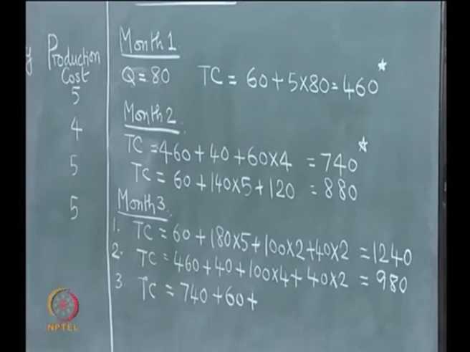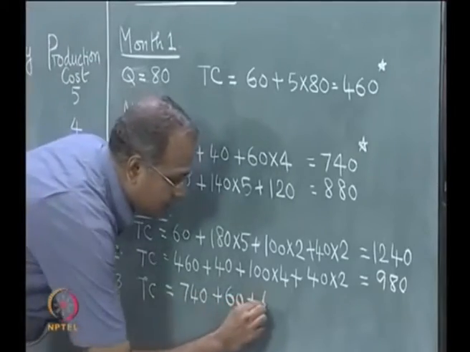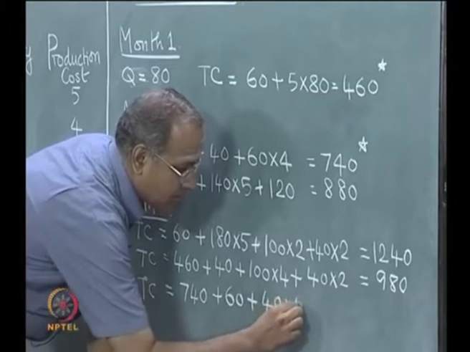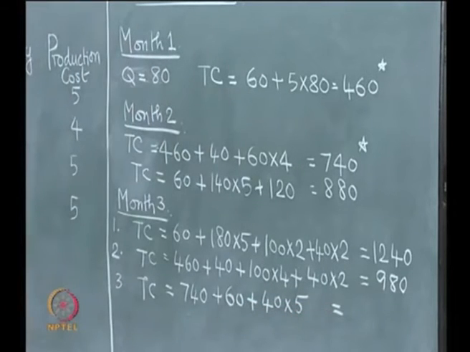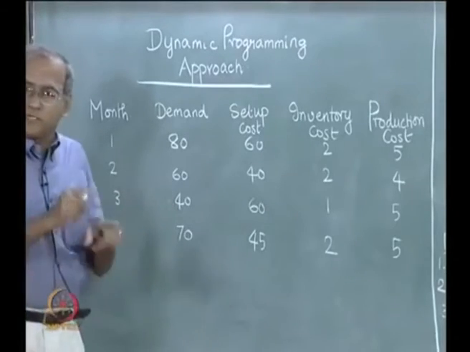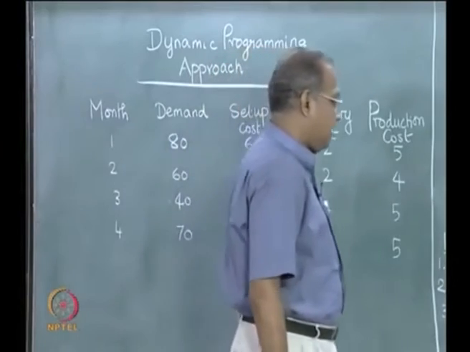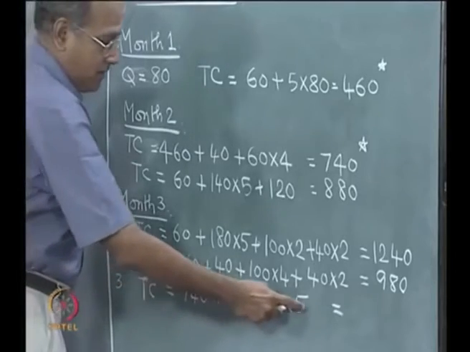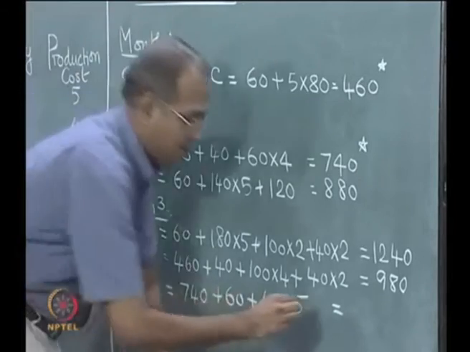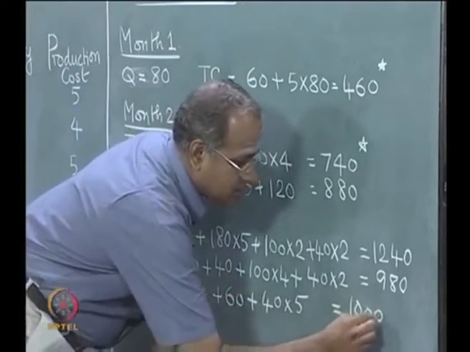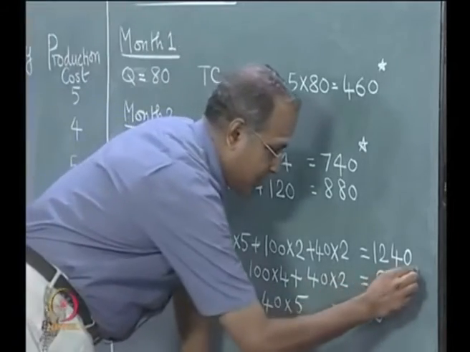Quantity produced is 40, production cost is 5, 40 into 5. There is no inventory cost here because this 40 is produced in the third month and it is not carried. So, total cost here is 40 into 5, 200, 260, 300 plus 700 is 1000. So, the best way to do it is here.